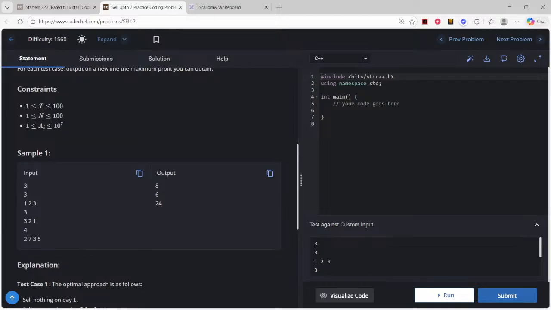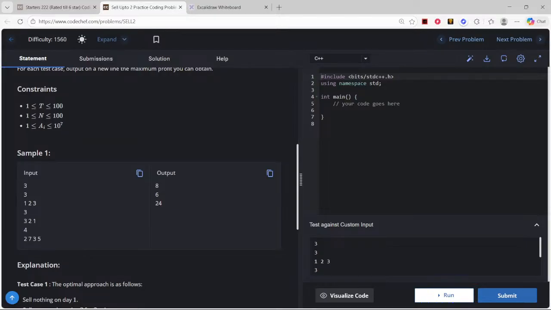So I will sell one watch here to get plus two coins, and then on the next day I will have another free watch, and my total watches will become two.